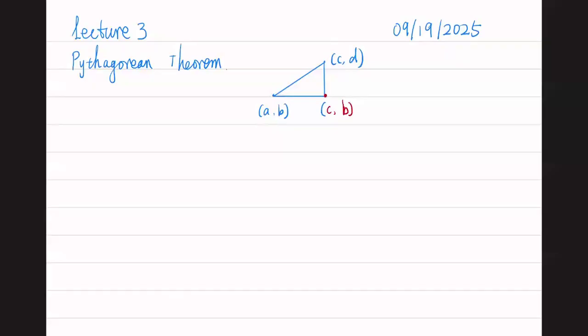So the length of this part is C minus A. Length of this part. The Pythagorean theorem tells us the distance.